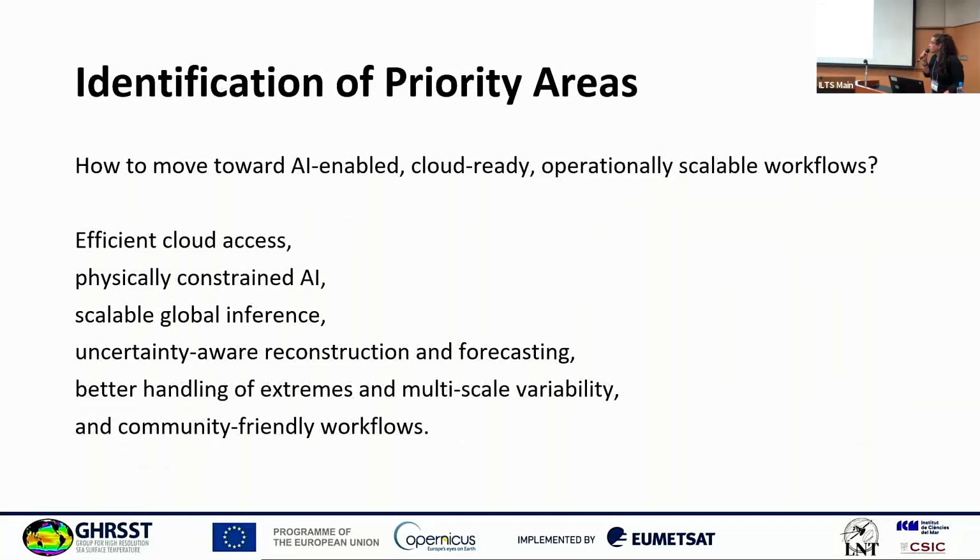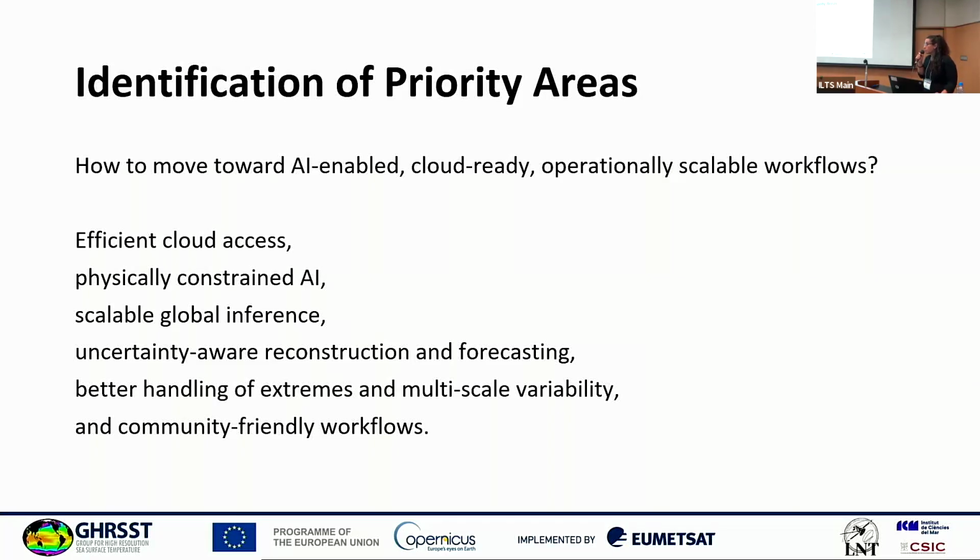We identified some priority areas, in no specific order. It was clear that it's very important to have efficient cloud access. An important topic was to take into account physically constrained AI. It was also important to have scalable global inference.